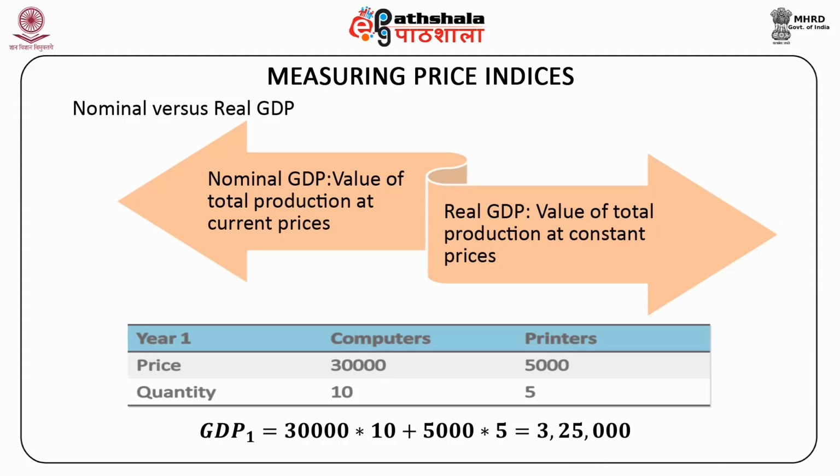In year 1, the economy produces 10 computers and 5 printers. Therefore, the GDP in year 1 will be equal to 30,000 multiplied by 10 plus 5,000 multiplied by 5, which is equal to 3 lakh plus 25,000, equal to 3 lakh 25,000.